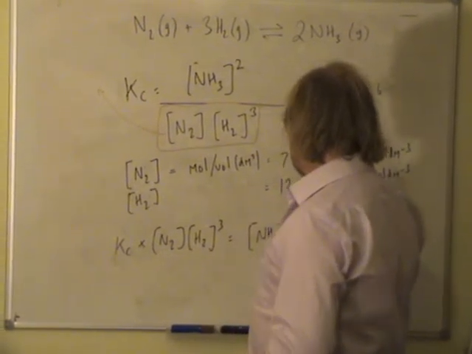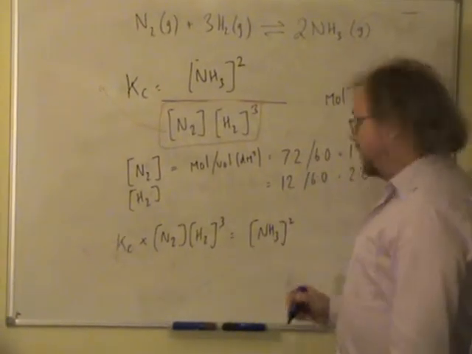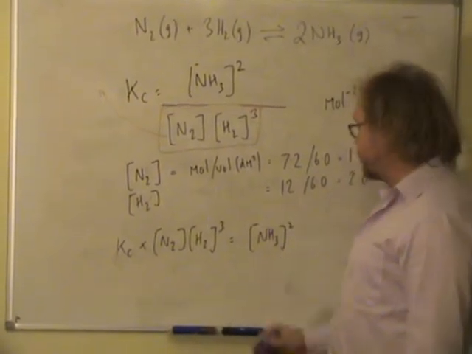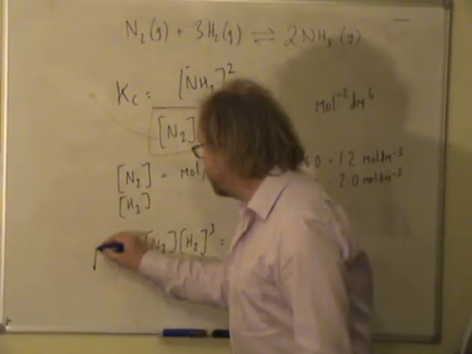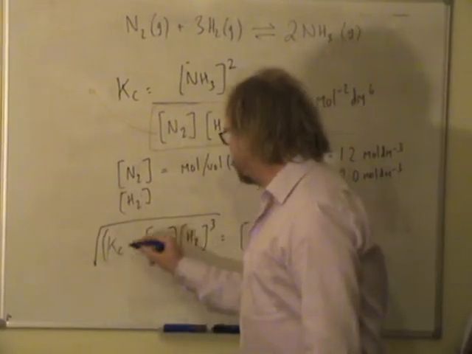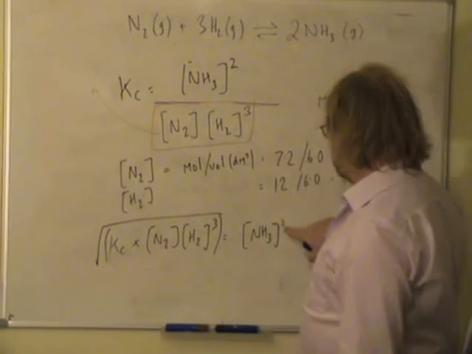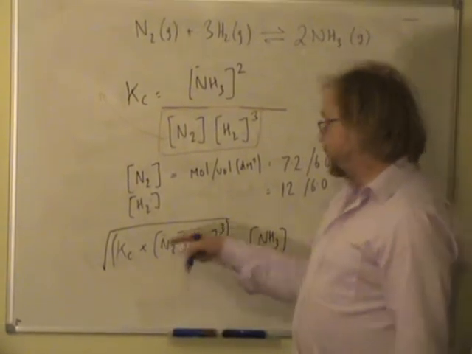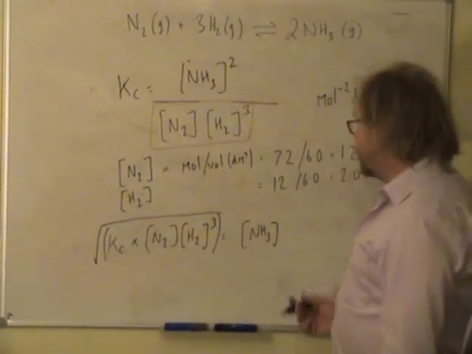Okay, just moving them across like that, and then if we take the square root of both sides, we get that the square root of that lot is just equal to the ammonia concentration, and that's how we're going to get to the answer.